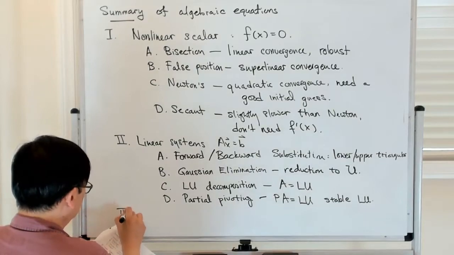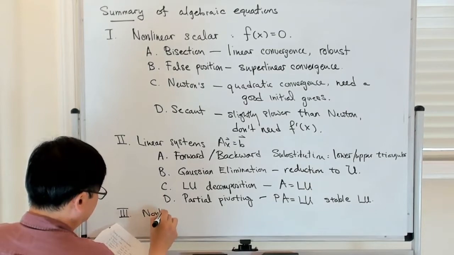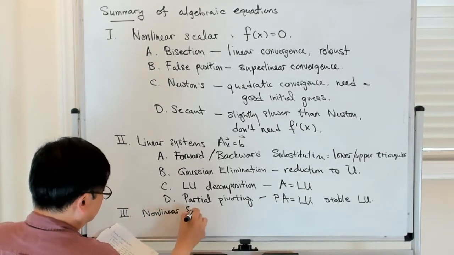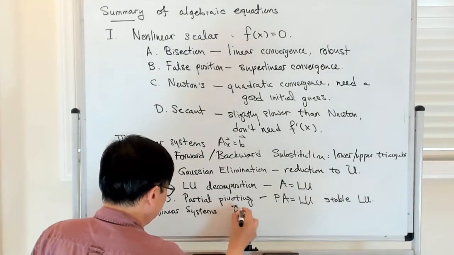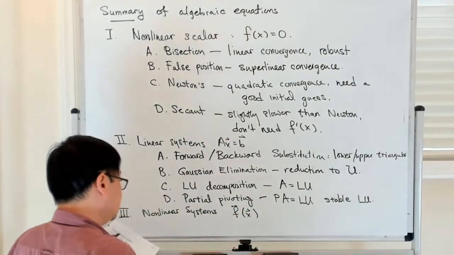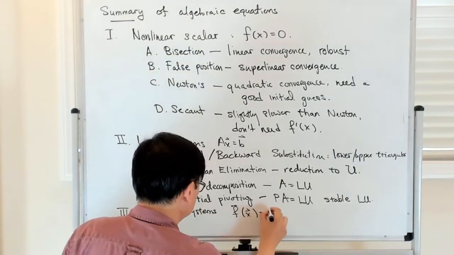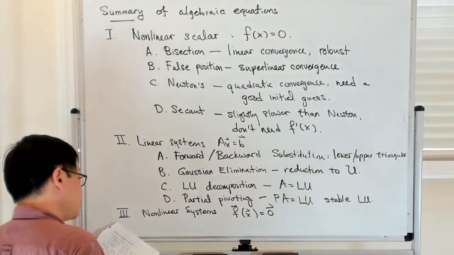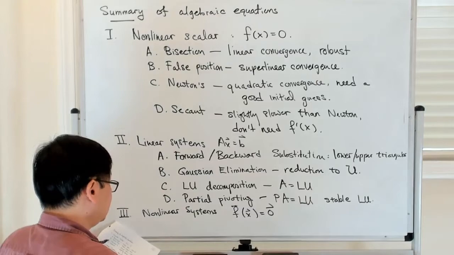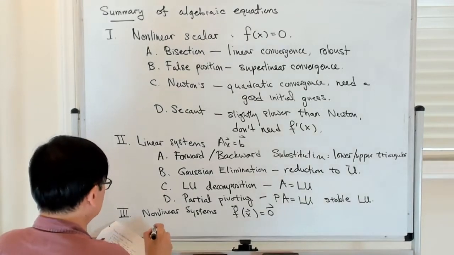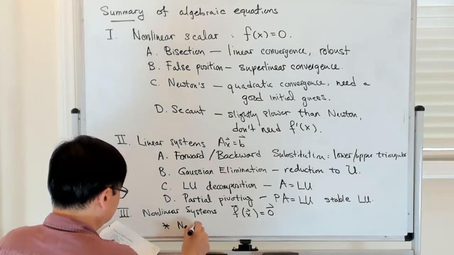Okay, and then the third thing which we looked at was nonlinear systems. So some vector valued f, which applies to a vector x, right? So looking for the zeros of a system of nonlinear equations, and what we did here was Newton's method for systems.